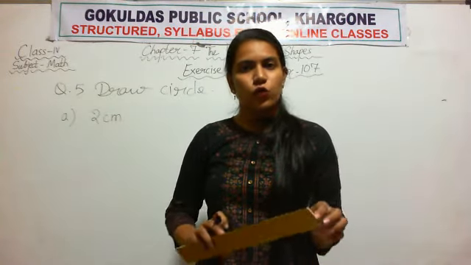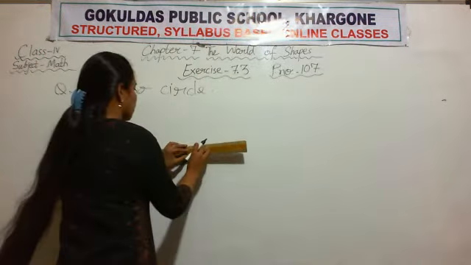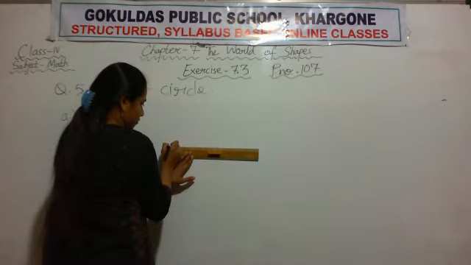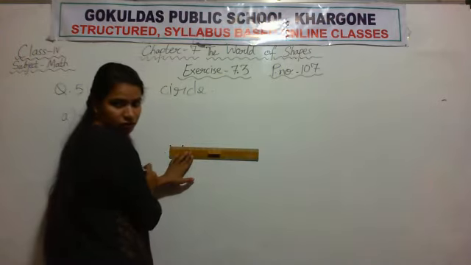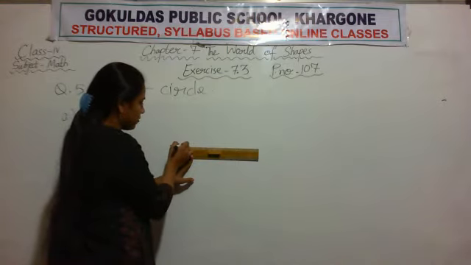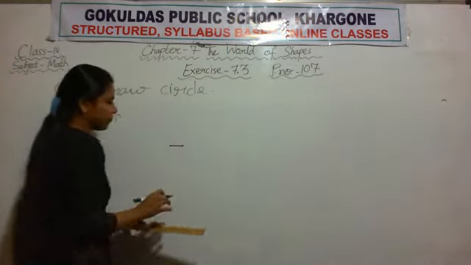What will you do? First of all, draw a line of 2 centimeter. Mark a point on 0 and mark another point on 2 centimeter. Join both the points.